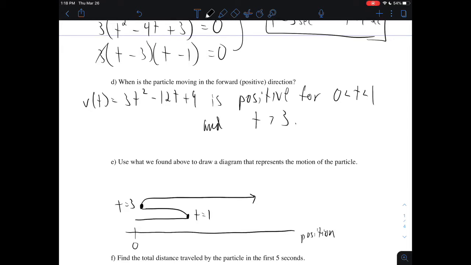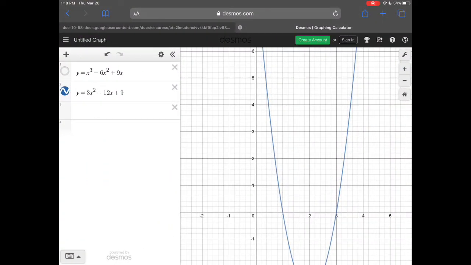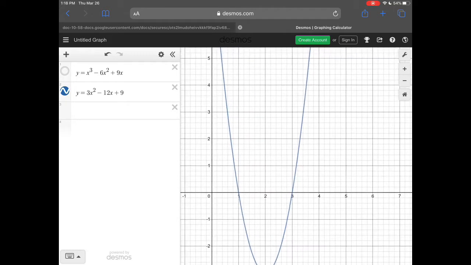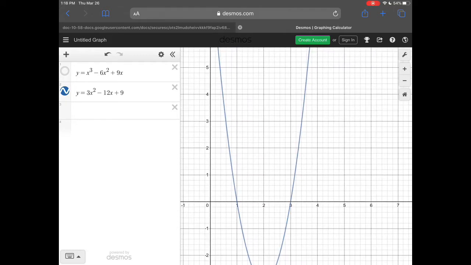That's just interpreting the zeros of the velocity function when t is equal to 1 and t is equal to 3, and how it's moving forward. That's where the velocity function is above the x-axis, and then it's moving backward. That's where the graph is below the x-axis, and then it's moving forward again, and it continues to move forward for all time after 3 seconds.